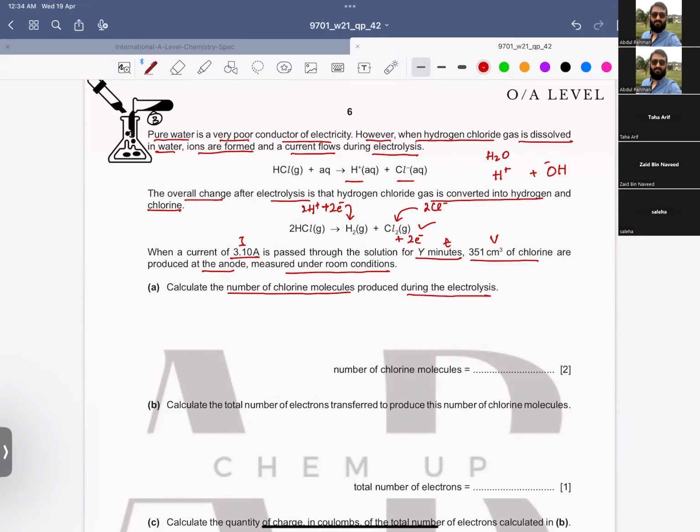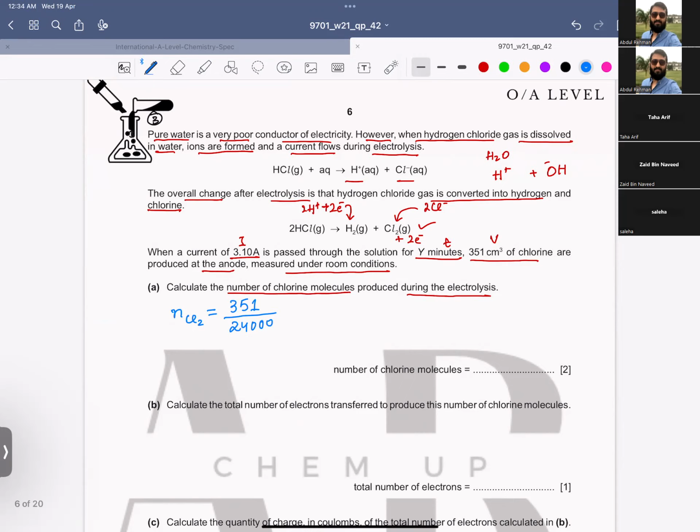For molecules, first we convert the volume into moles of chlorine. The moles of chlorine would be 351 centimeter cube, as it's a gas, divided by 24,000 centimeter cube.